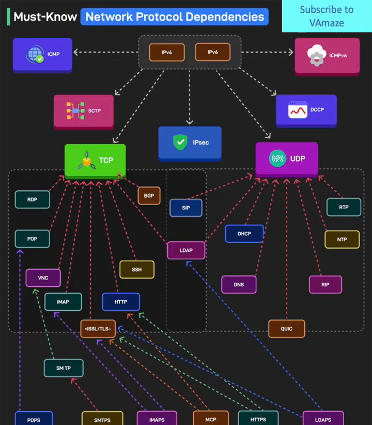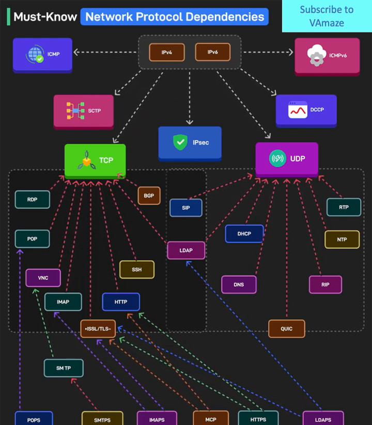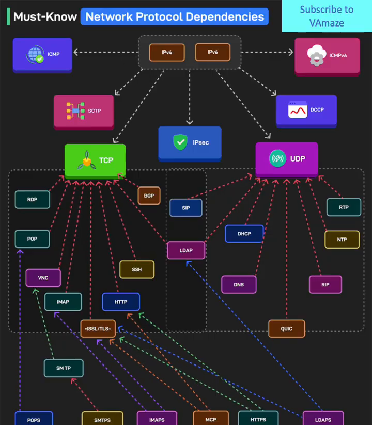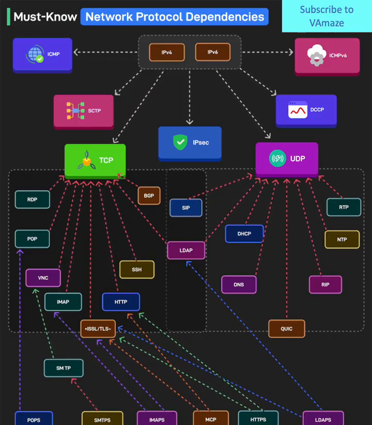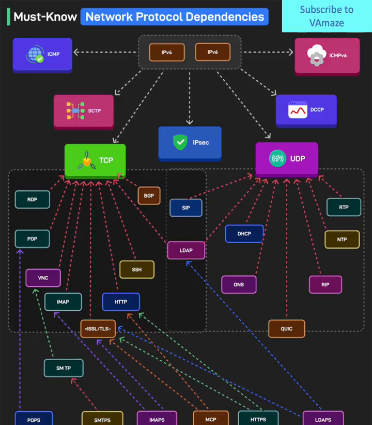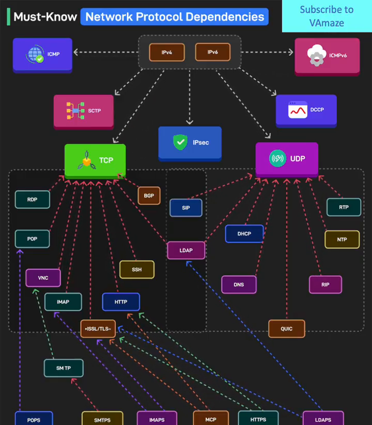RTP, Real-Time Transport Protocol, for media streaming and VoIP, is built on UDP to minimize delays. NTP, Network Time Protocol, synchronizes clocks over UDP. RIP, Routing Information Protocol, uses UDP to share routing updates.